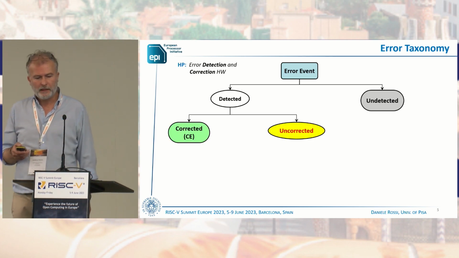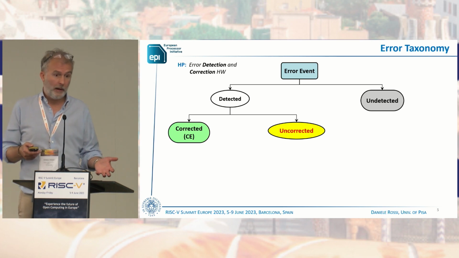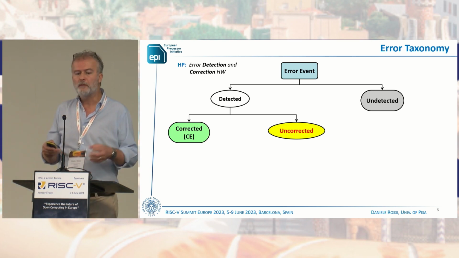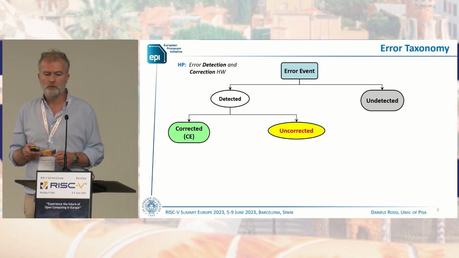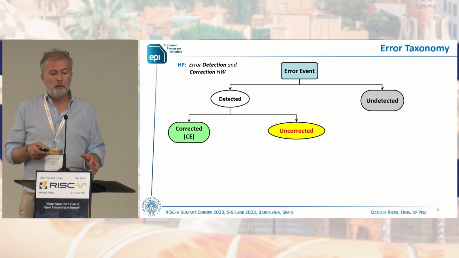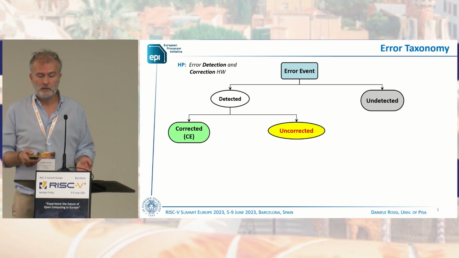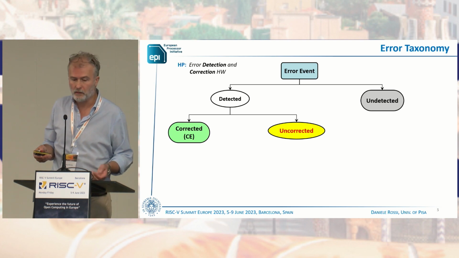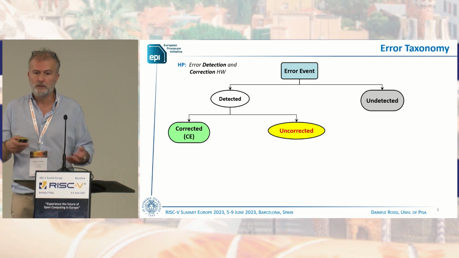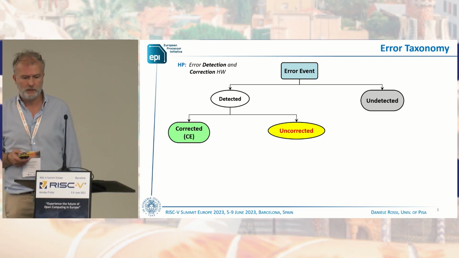If an error is detected, we can correct it, if, let's say, the number of errors is within the correction capability of the error control coding. But we can also have uncorrected errors, unfortunately. For instance, if we have a single error correction, double error detection code, if we have double errors, we can just detect this kind of errors, but not correct them.